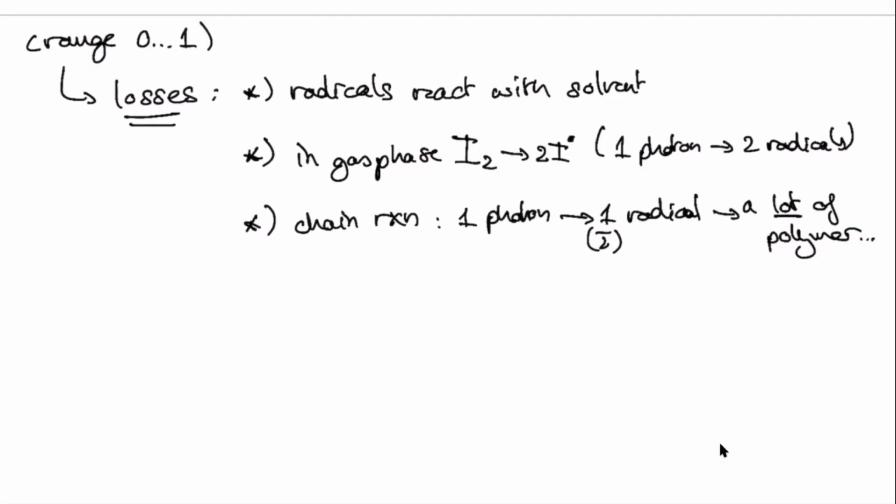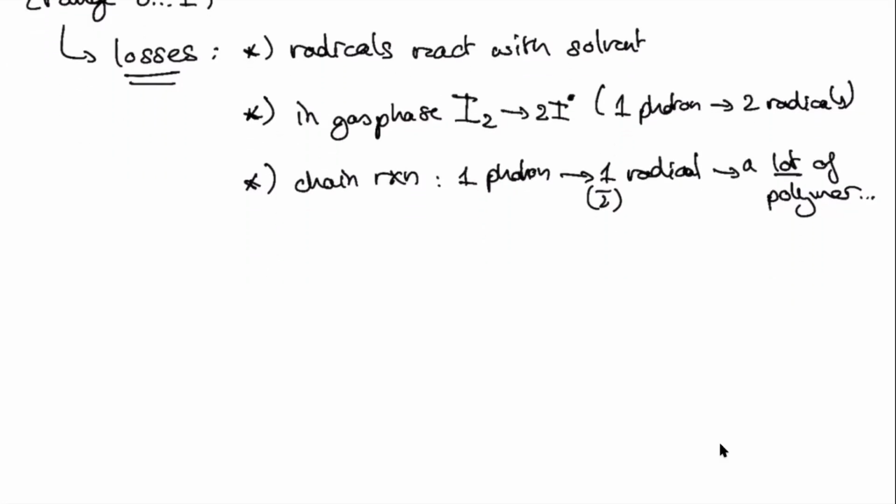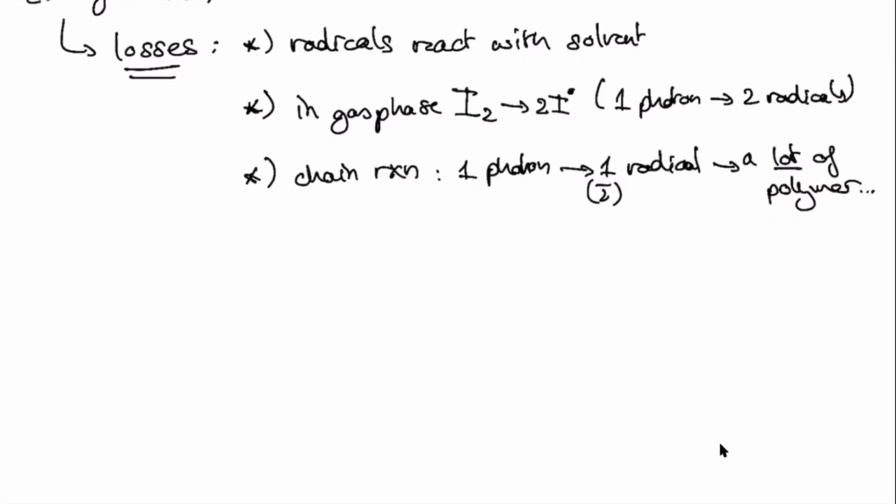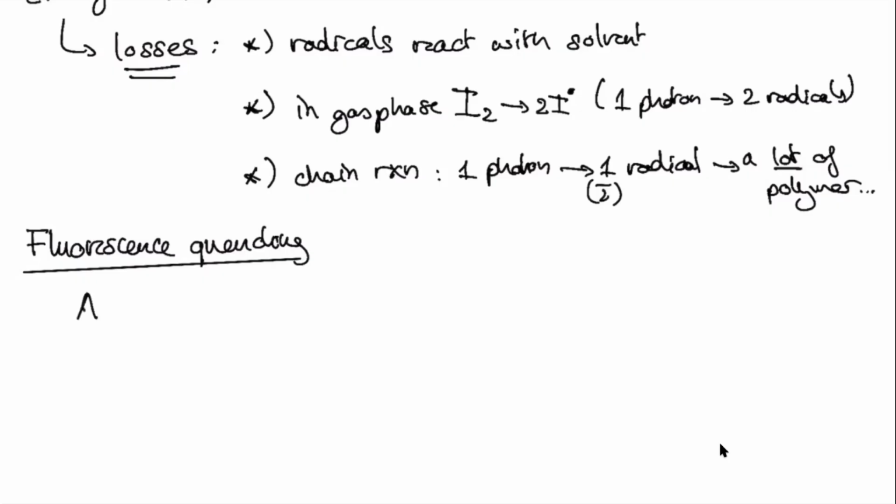Okay, last important point is on fluorescence quenching. Let's repeat again the most important processes that are involved. So we have a molecule which is excited by light, giving the excited state.